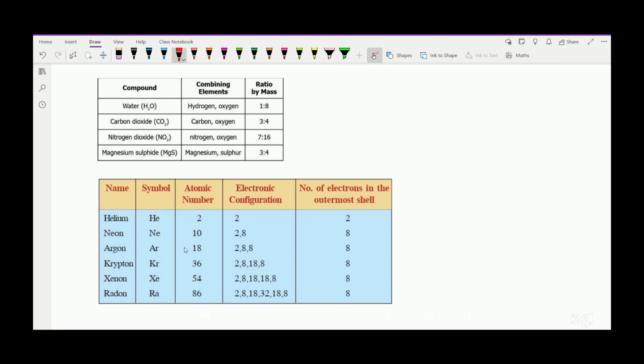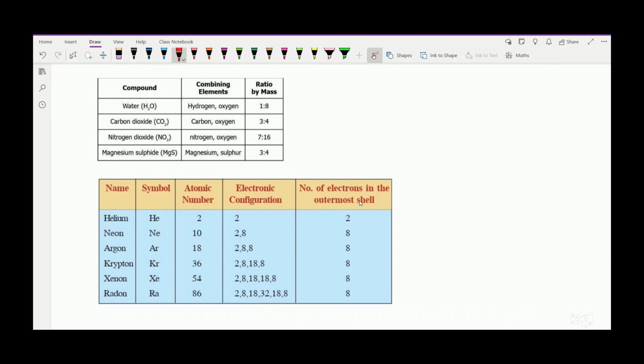Now, noble gases are very special because they have 8 outer shell electrons, excluding helium of course, which has 2 outer shell electrons, as it only has 1 electron shell, but all of these atoms have a very stable electron arrangement.